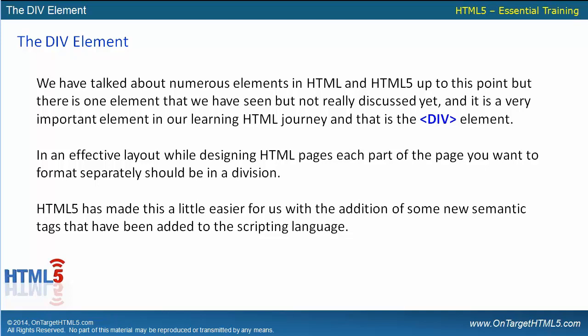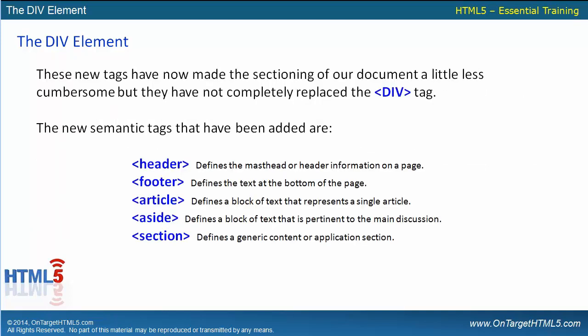It's a very important element in our learning HTML journey, and that is the div element. In an effective layout while designing HTML pages, each part of the page you want to format separately should be in a division. HTML5 has made this a little easier for us with the addition of some new semantic element tags. These new tags have made the sectioning of our document a little less cumbersome, but they have not completely replaced the div tag.